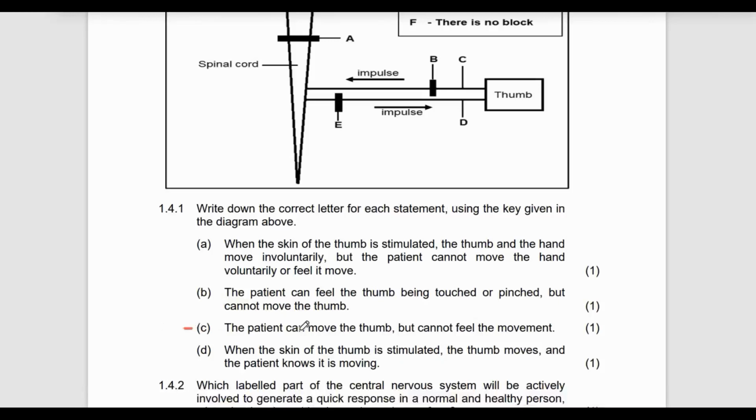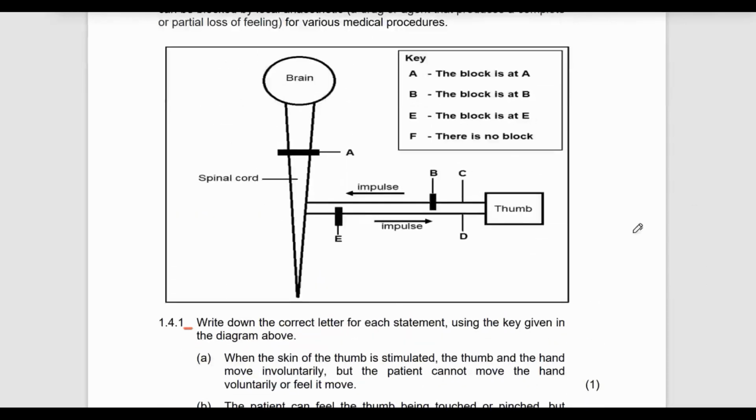Yes. So the patient can move the thumb, but cannot feel the movement. What does that mean?